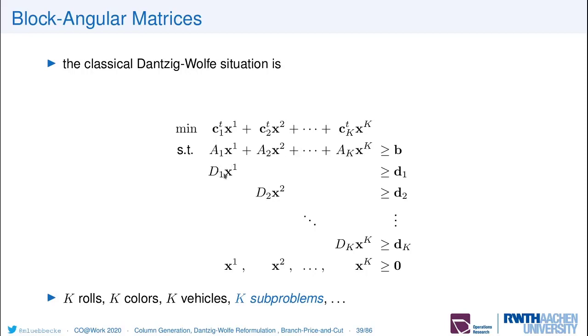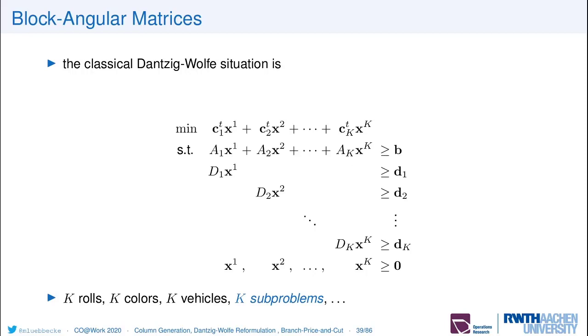So for example, these here could be the constraints ensuring that every roll is feasibly cut into orders. The first roll, the second roll, the last roll. And I have constraints for every roll, and they are independent of each other, and they are only linked by the constraints that in total I have to satisfy the demand. So this is what we often see.